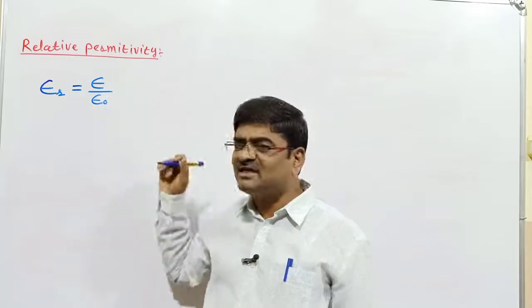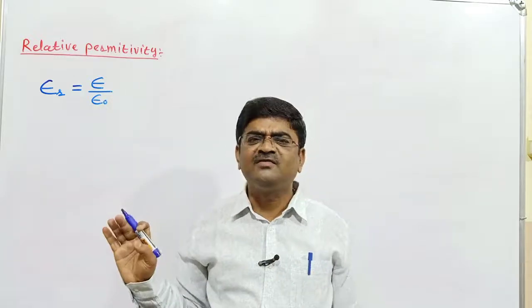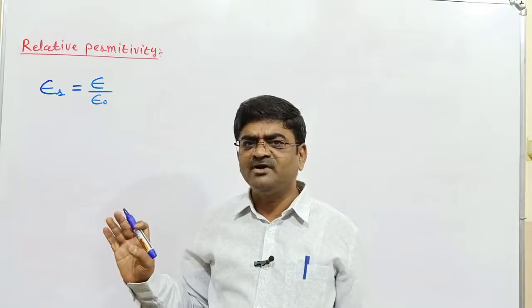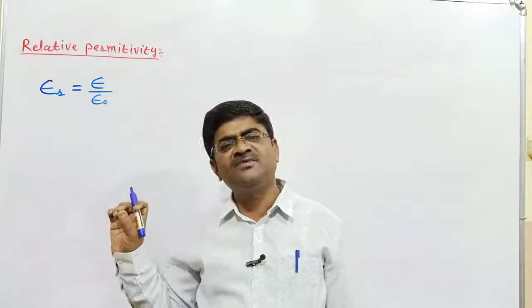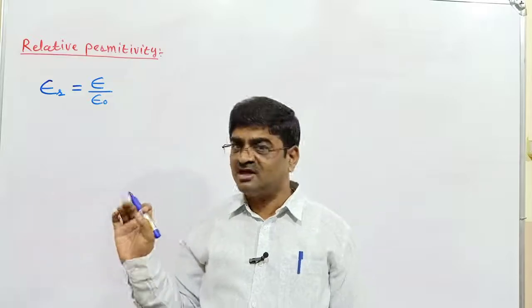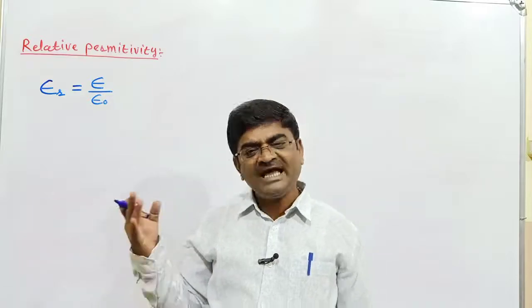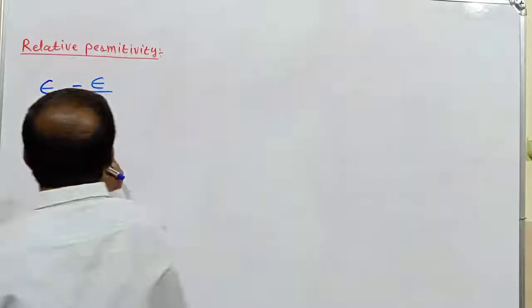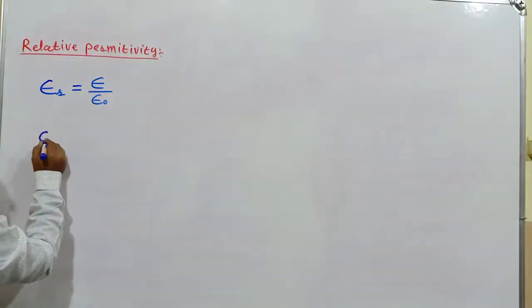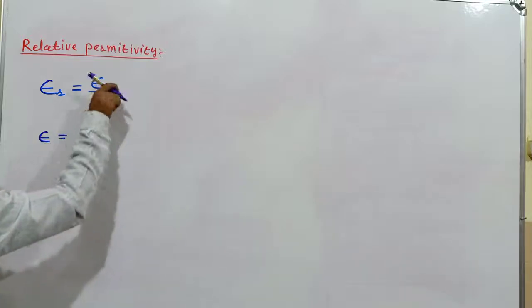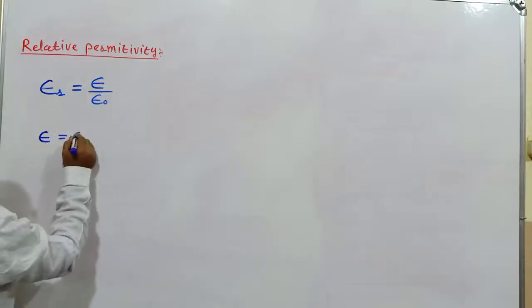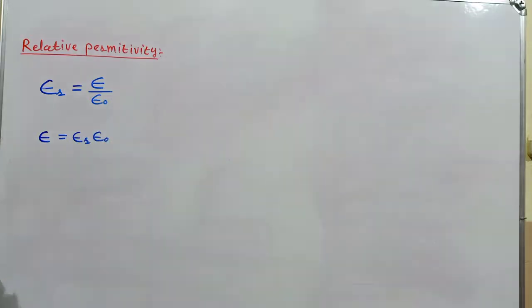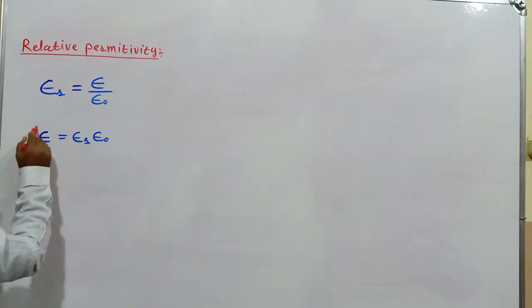Say for example, I want to know the permittivity of the given media, and generally values of relative permittivity of the respective media are expressed rather than permittivity. Then can I get permittivity by having the relative permittivity? Yes. I can write this as permittivity equal to relative permittivity into epsilon naught, the absolute permittivity.